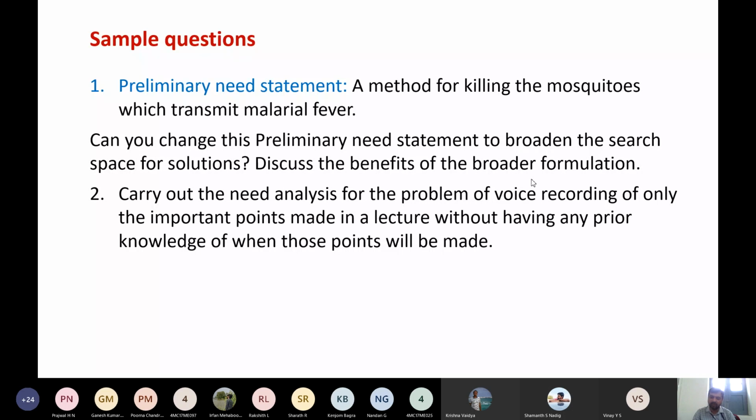What strategy are you going to adopt to separate important points from a lecture and make that a separate video? It may be by using an application or software. If you upload a video of a 1 hour lecture, it should be reduced to 10 minutes with all important points covered in that lecture.